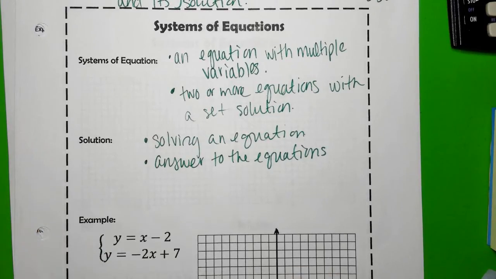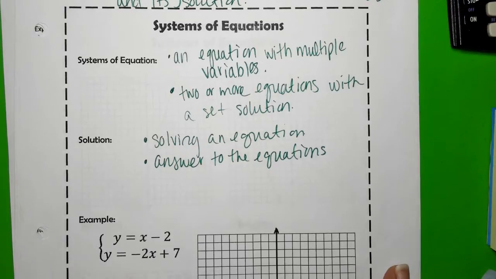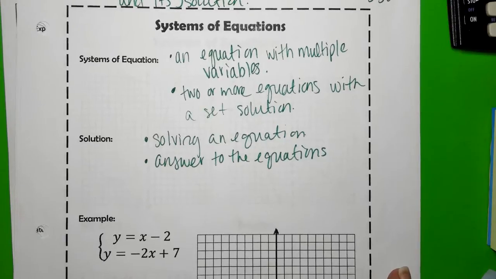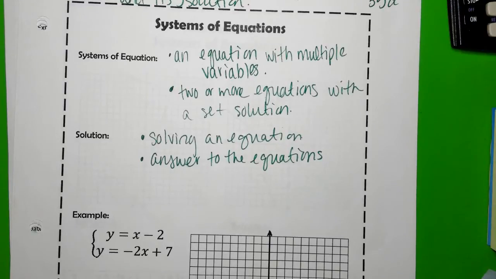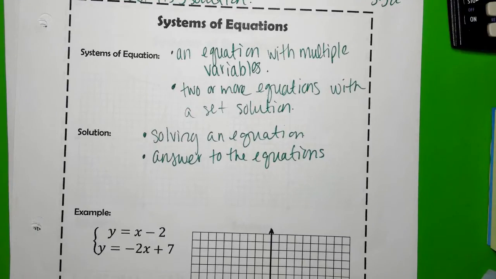Okay, that's a great way to put it, but I want it a little more specific. When what's equal? Which variables? X and Y. How are they equal? So how can we put it in a sentence?